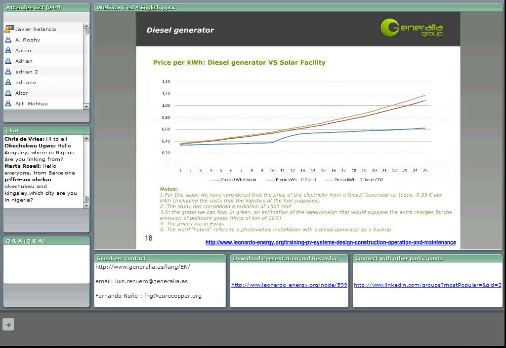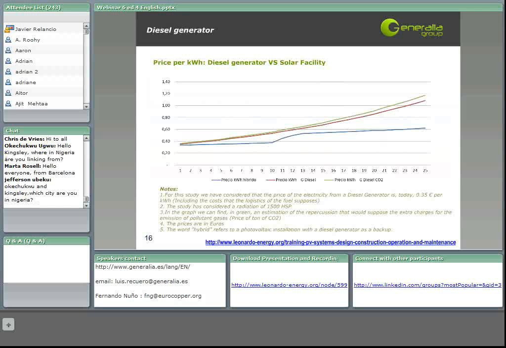Here you can find an example of the price of the energy produced by a solar plus diesel facility and by a diesel generator. Please take into account all of the notes that I am not going to read that are at the bottom of this slide. Some of them will be that the prices are written in euros.